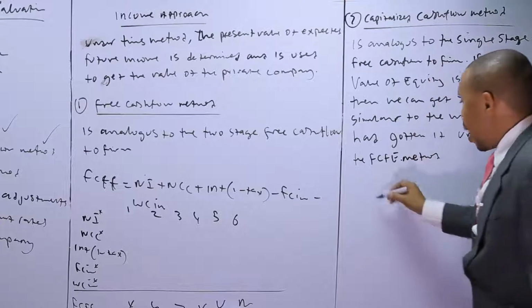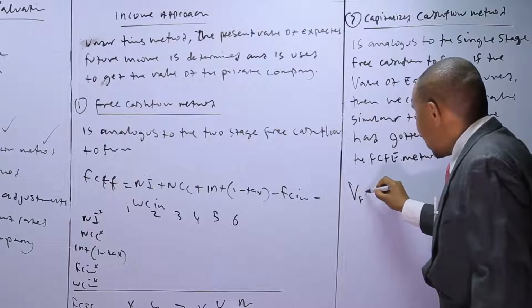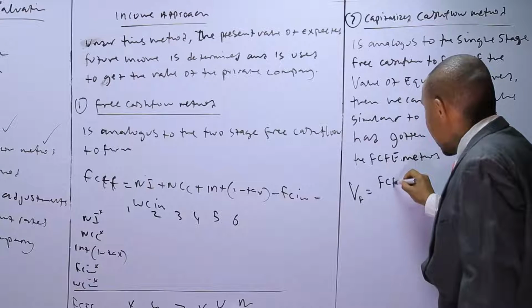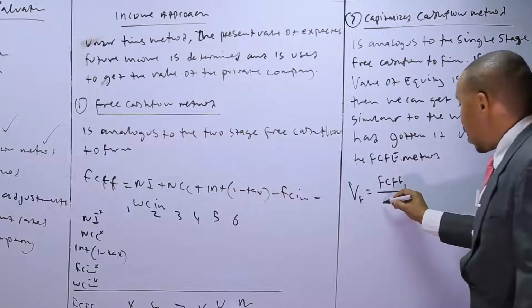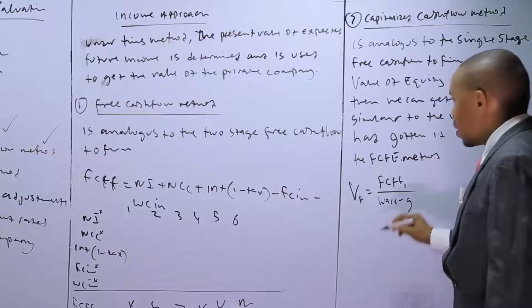What am I saying? I'm saying the value of the firm is given as the forecasted FCFF, or the free cash flow to firm, over WACC minus G.